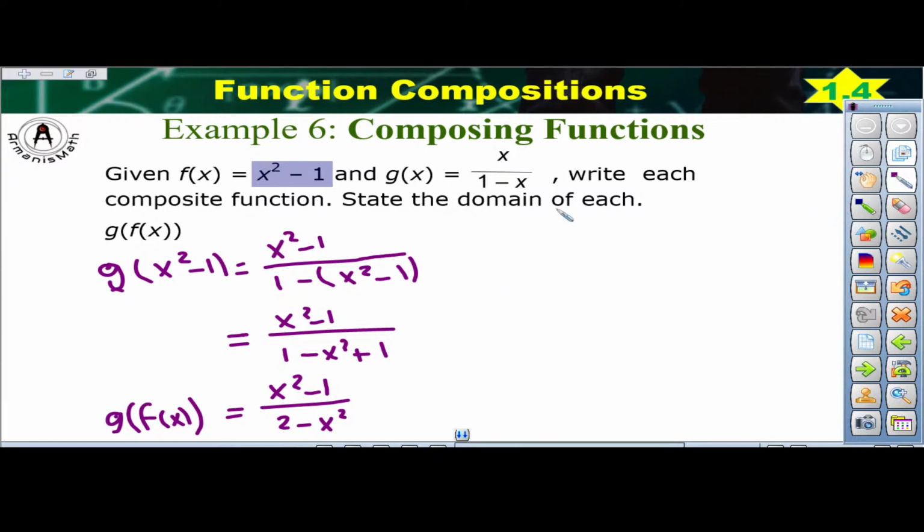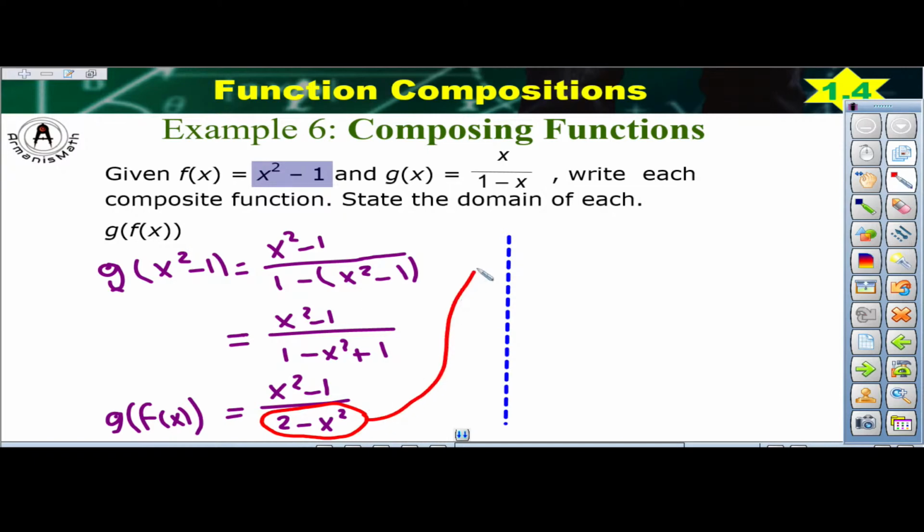I do want you to pay attention again, because of the restriction that we started with on the domain, we should not include 1, if you guys remember that, right? Also, the final product has its own restriction in the domain. So you do not want this to be 0, right? So how do you find what value makes this 0 so you can exclude it? Well, you could set it equal to 0 and solve. So you could say I have to exclude whatever makes this denominator 0.